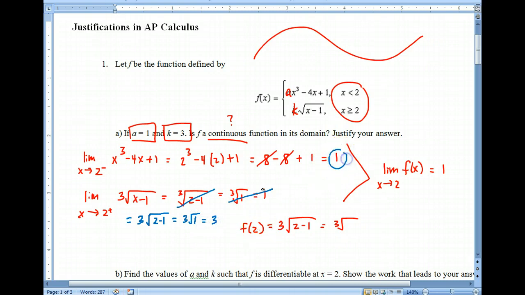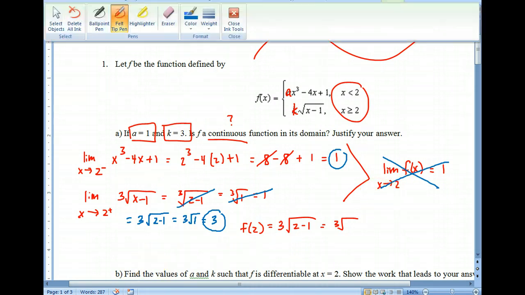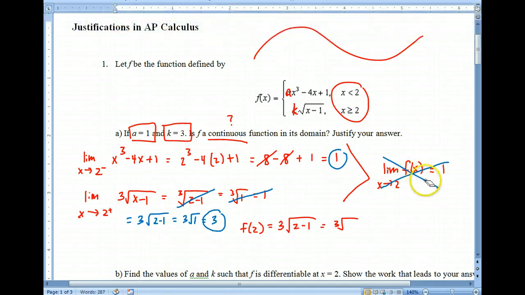So notice this and this do not equal, so that means this was wrong. Just erase it. Not necessarily wrong, what we can write is that this is not equal to 1.